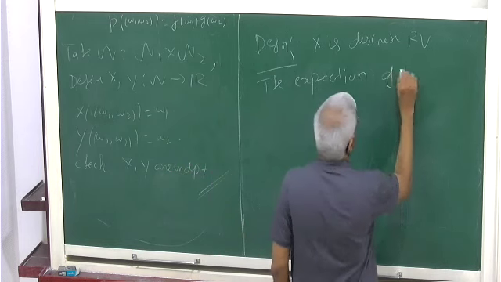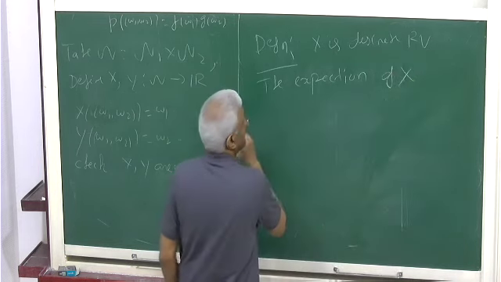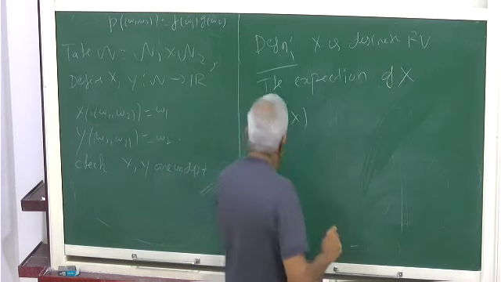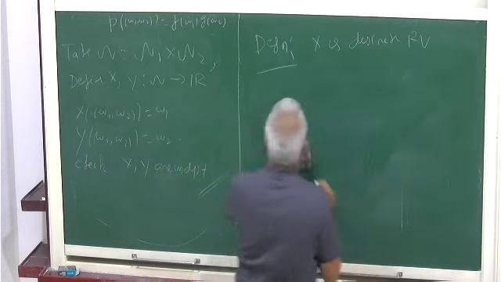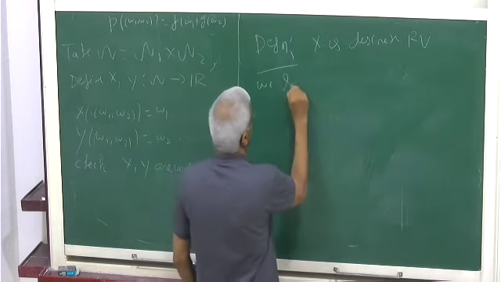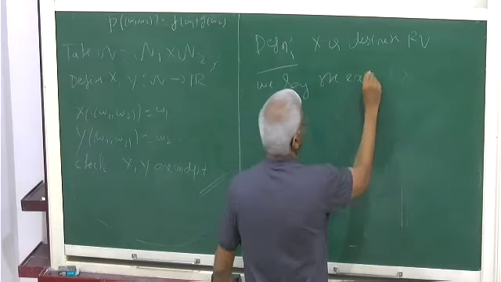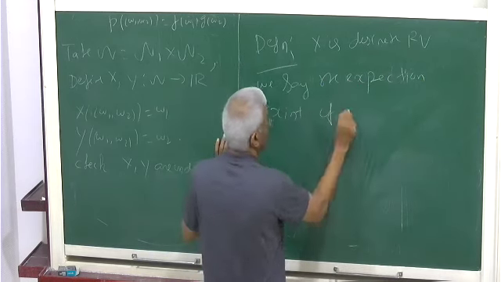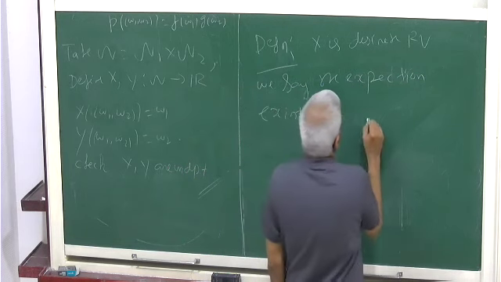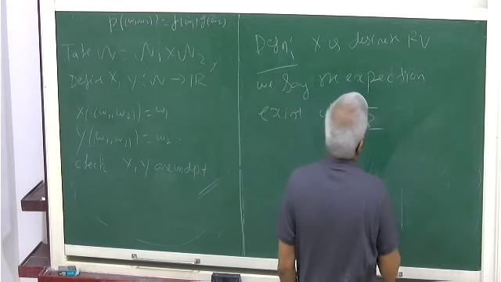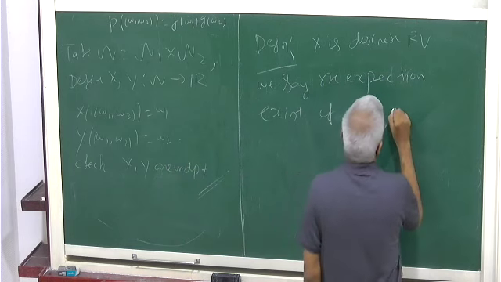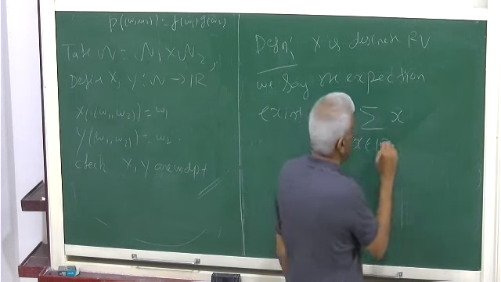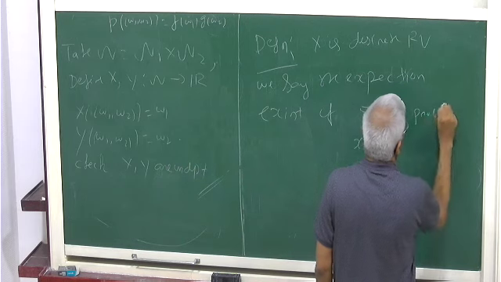Expectation of X, with respect to that probability space, is denoted by E of X or EX simply. But I have to say when it exists. We say the expectation exists, though expectation may not exist, if the summation over x in R of mod x times probability of X equal to x is finite.